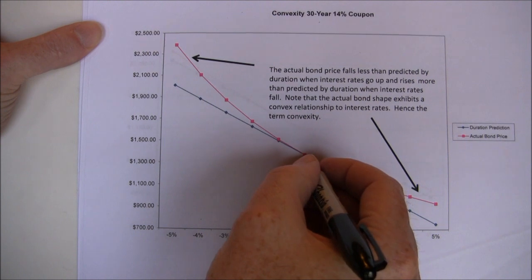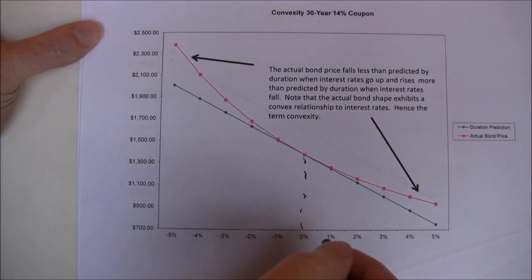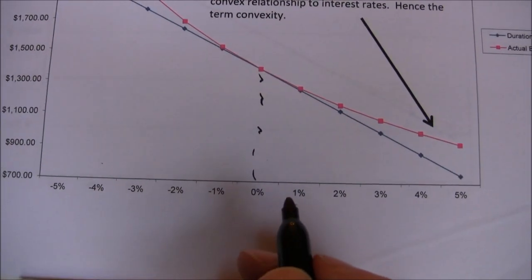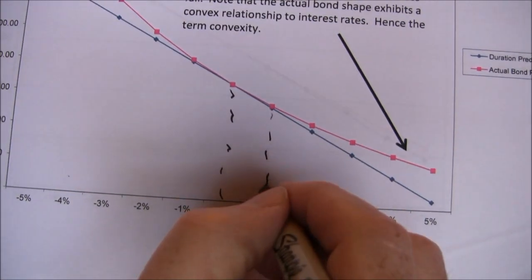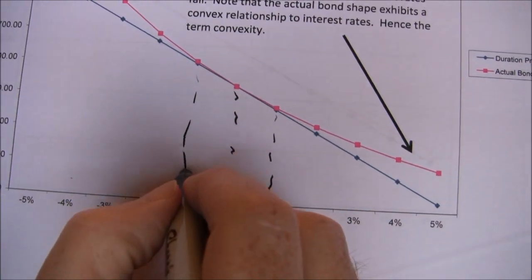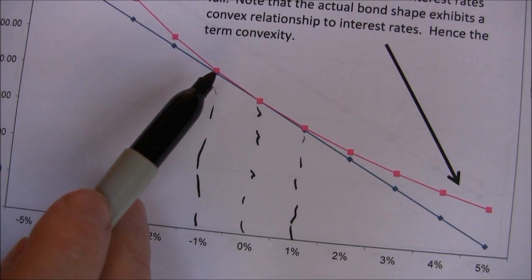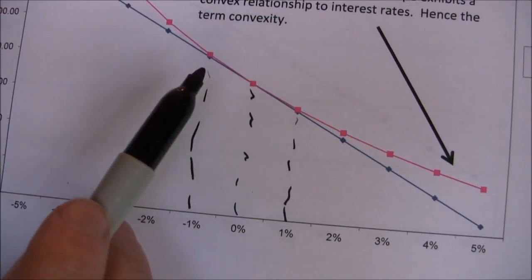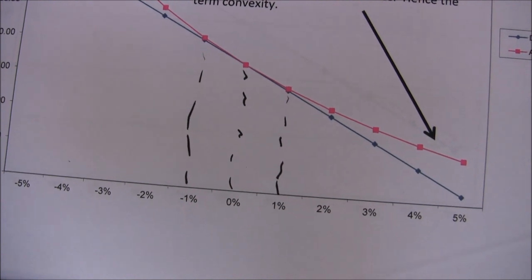Note this is our starting point here, 0%. If we have a 1% change, not a very big change in the bond price, you can see the duration prediction is real close to the actual bond price. For small changes in interest rate, duration is a very good approximation.